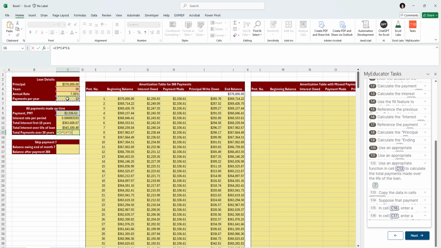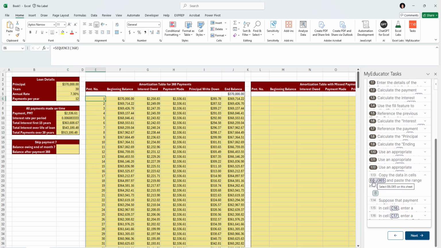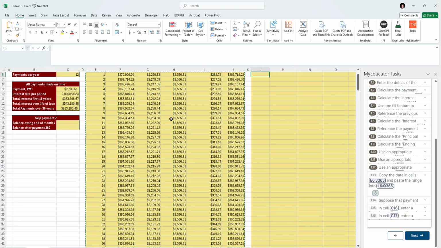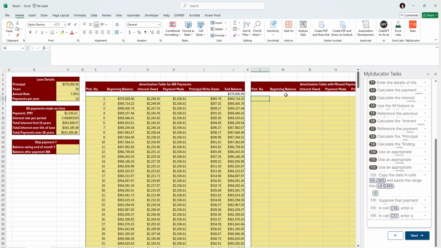Copy the data in the cells and paste it into L6. Okay. From E6, E to J, and 6 to 365. Copy it and paste it.